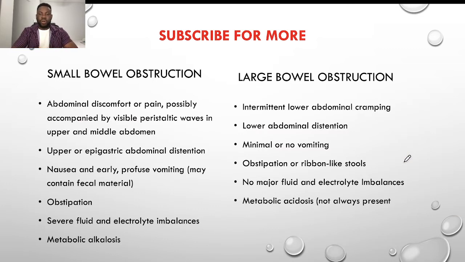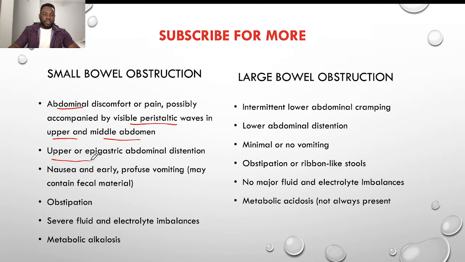Next is small bowel obstruction versus large bowel obstruction. We have to be able to differentiate these two, especially on imaging. So small bowel obstruction, we have symptoms of abdominal discomfort and pain, possibly accompanied by visible peristaltic waves in the upper and in the middle abdomen. It's mostly going to be in the upper abdomen, whilst the large bowel is in the lower abdomen.